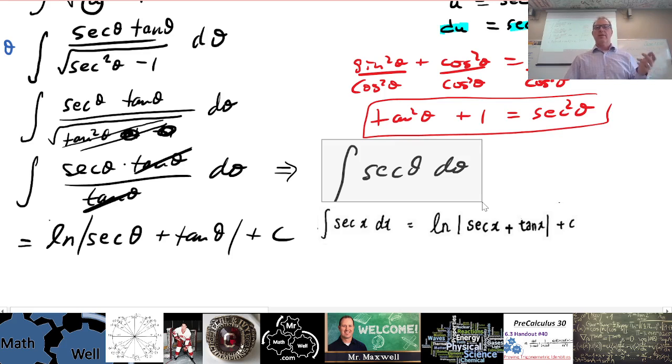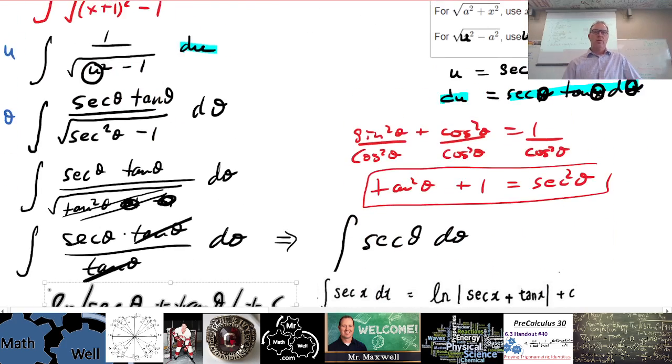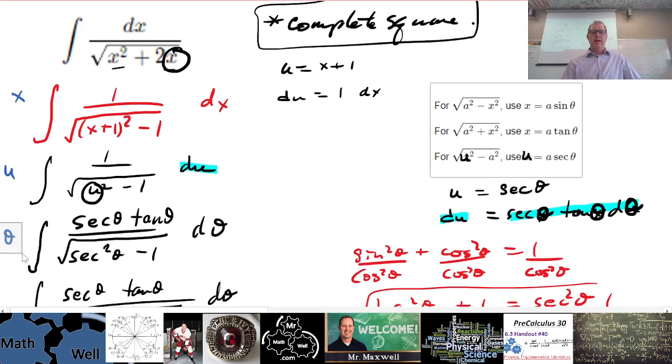So now that I've integrated this, my only problem is that I have the value of that integral in theta, and if you recall, the original question was supposed to be in x, dx. So I need to go from theta now back to u, then back to x.